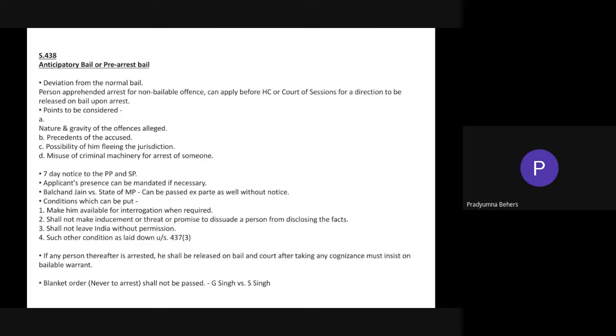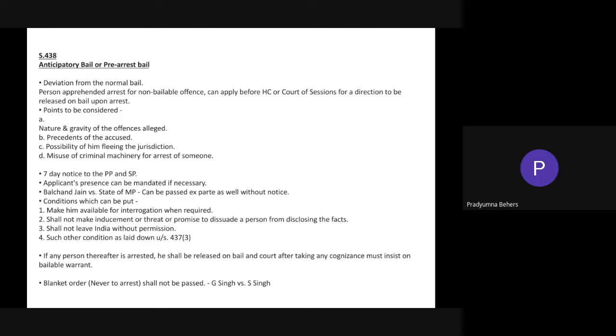There can be another question: whether in anticipatory bail a non-bailable warrant can be issued by a magistrate. Yes, the answer is yes. It can be issued, but the magistrate must at first instance insist on bailable warrant.